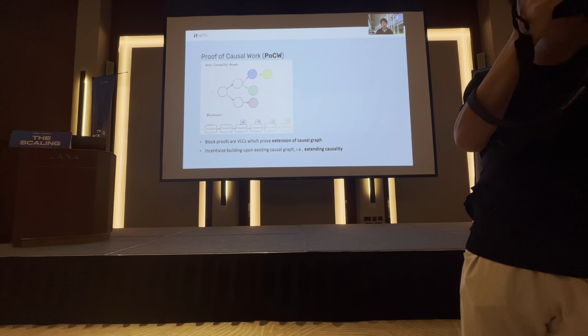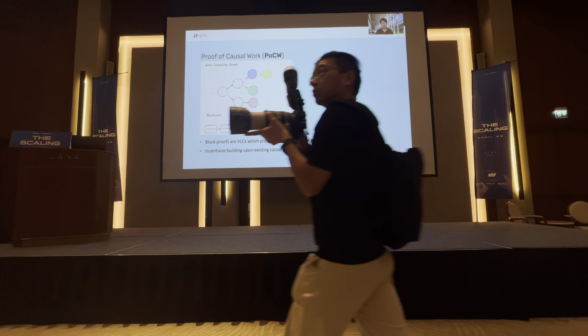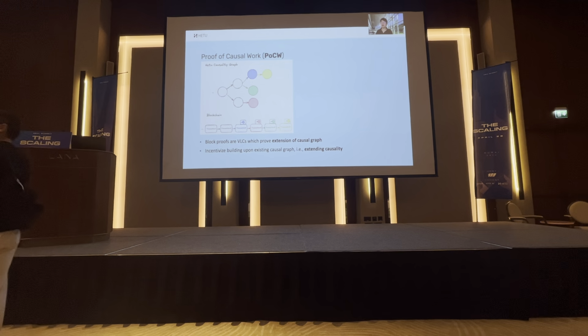Here, block proofs are essentially verifiable logical clocks that prove the extension of the causal graph. The validators are able to produce extensions to the existing causal graph to build further and further onto existing graphs. By using this kind of proof of causal work, we incentivize building upon the existing graph, and that is called extending causality.